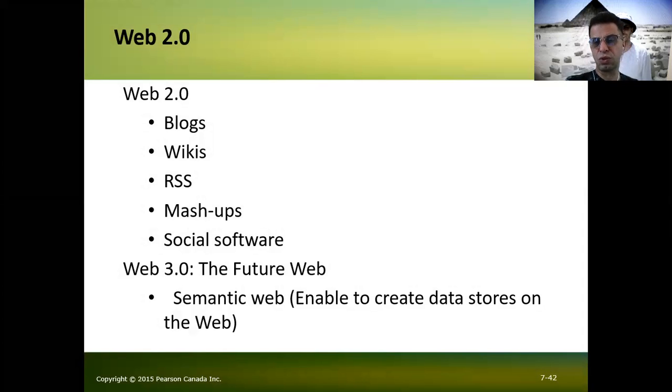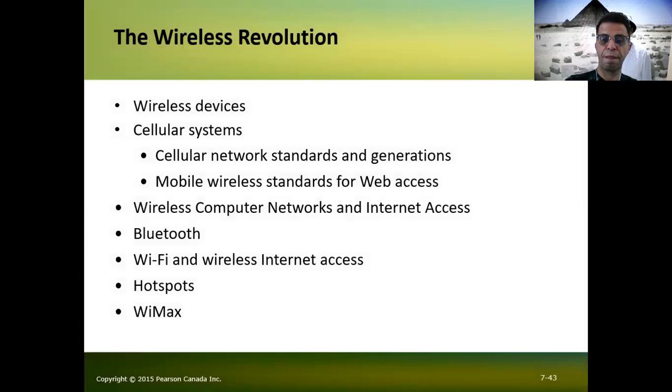And then you have social networking or social software. And what you have in the coming future, or currently some of them are using, is the semantic web, which, as I said, enables you to create data stores on the web, so it saves you from going to your database and taking the data that you're looking for.